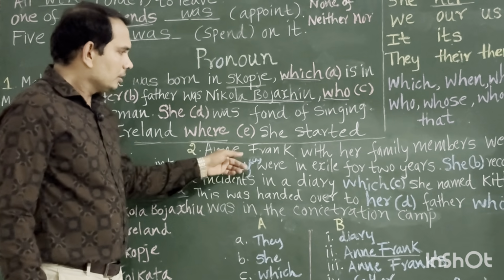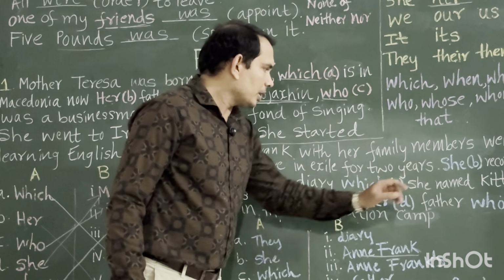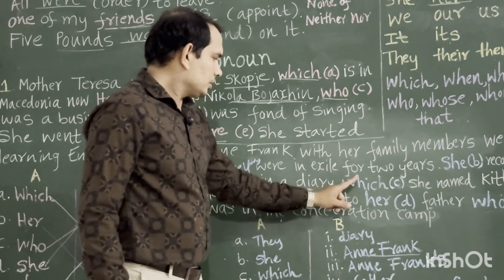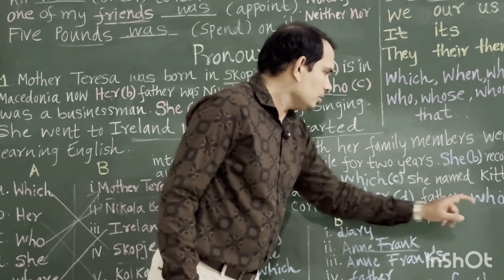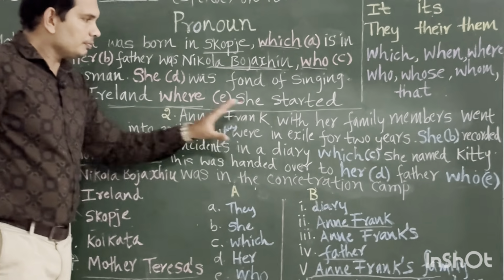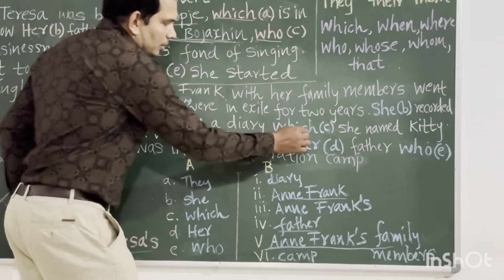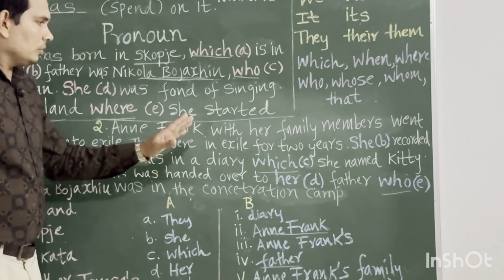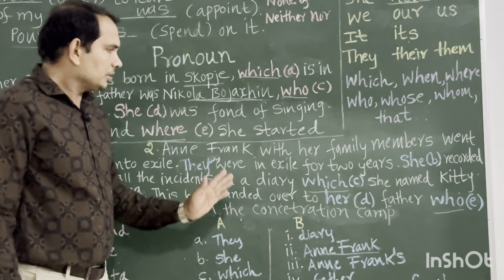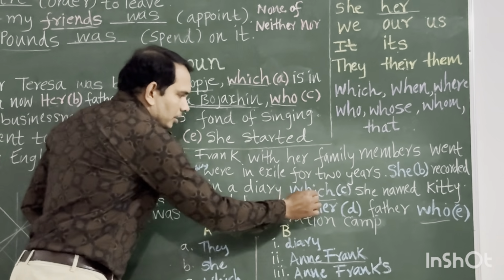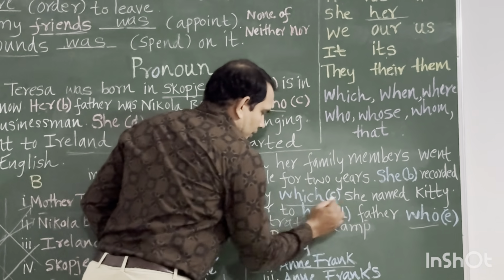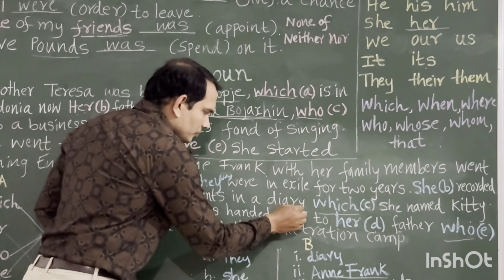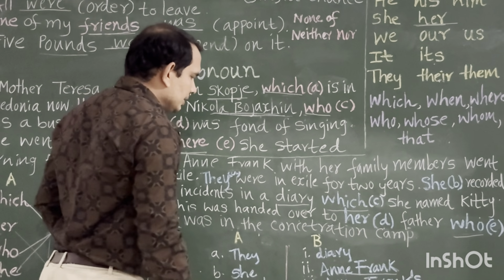You can see there are 5 pronouns: they, she, which, her, and who. Of these 5 pronouns, 2 are relative pronouns. For relative pronouns, it's easy to write the answer. Relative pronouns here are which and who. Which, the word that comes before the pronoun is the answer.